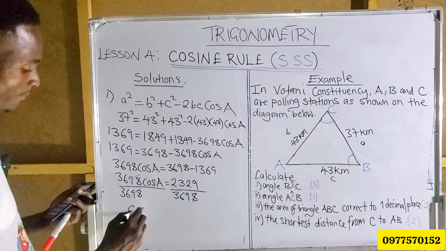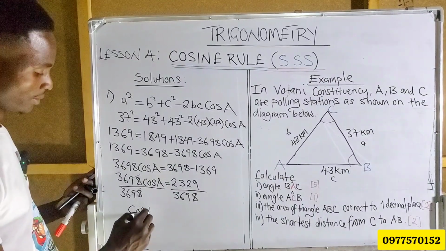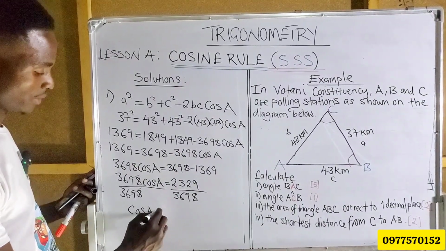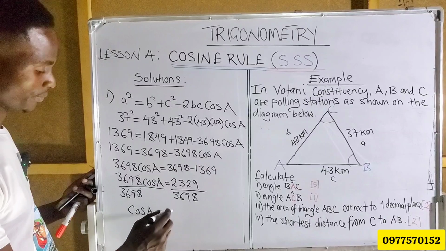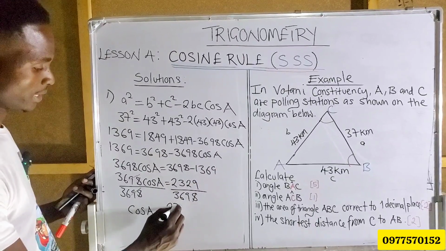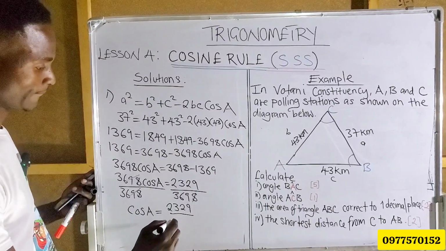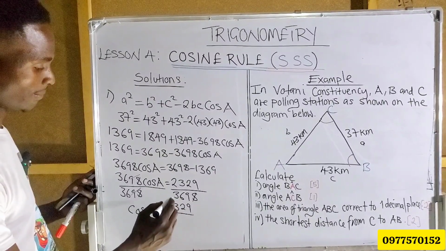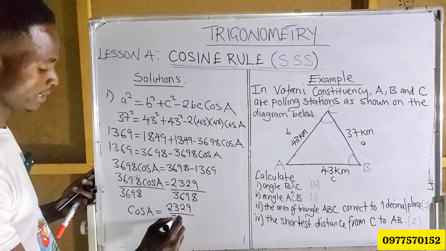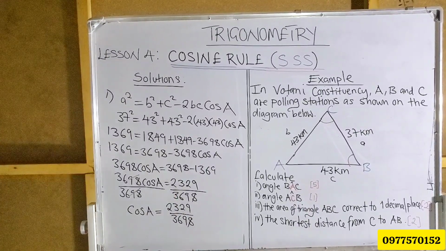Cos A is equal to 2329 over 3698. You see?